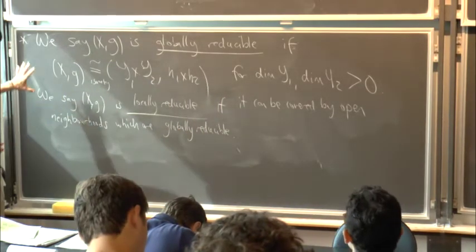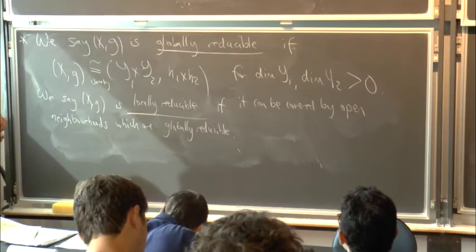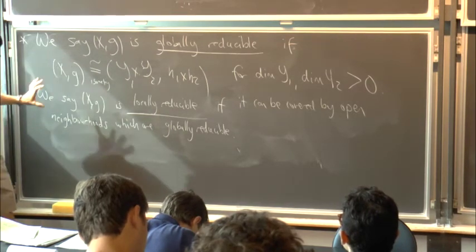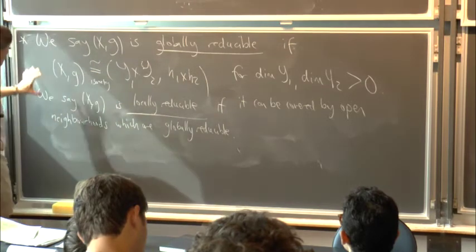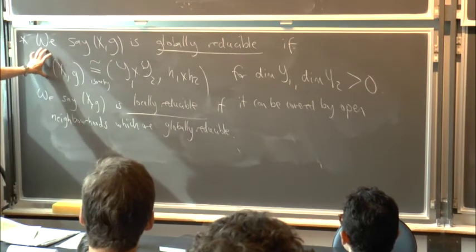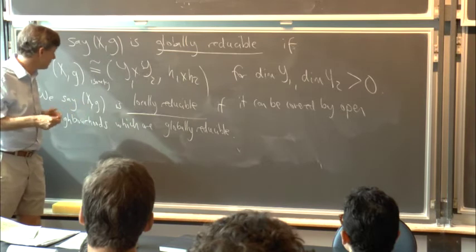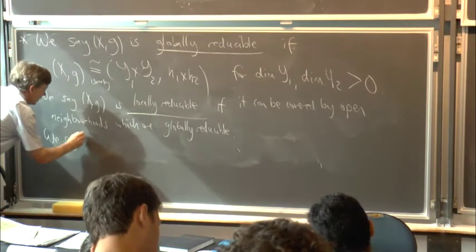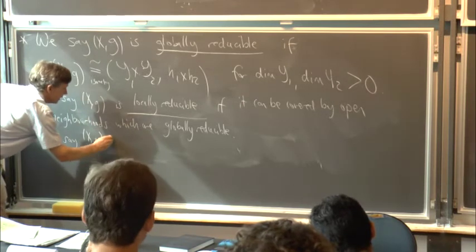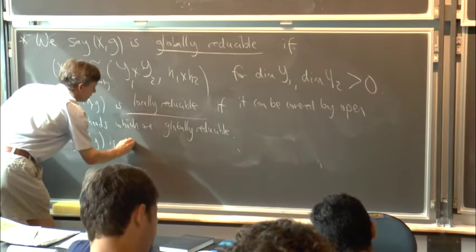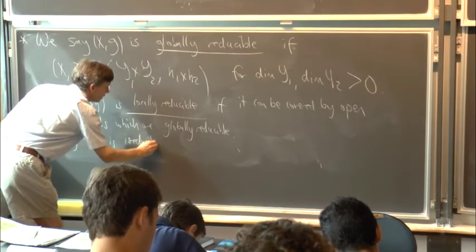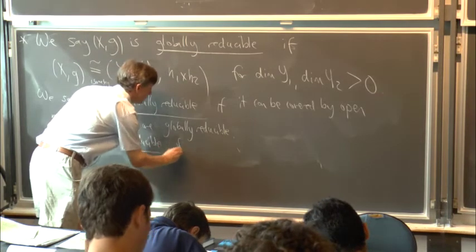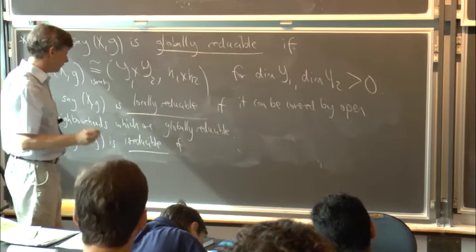So even if something is globally reducible, if you take an open subset of it which is not a product of open subsets, then the open subset won't be globally reducible anymore, but it will be locally reducible. And we say (X, g) is irreducible if it is not locally reducible.